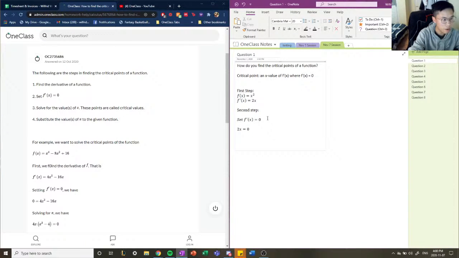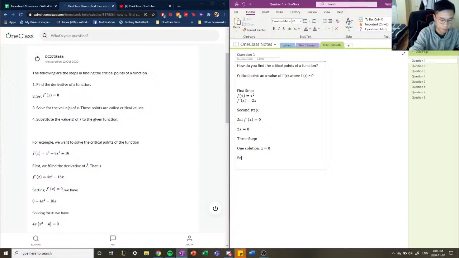The third step: solve for the values of x that make f prime of x equals 0. There's only one solution to this equation, and we know that x equals 0 when f prime of x equals 0. One solution, and that is x equals 0. Finally, you want to substitute this value of x into our original equation, f of x, to find the resultant y value of where that critical point is.